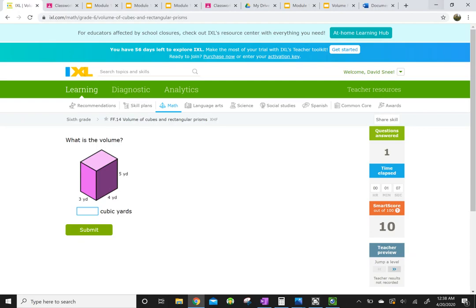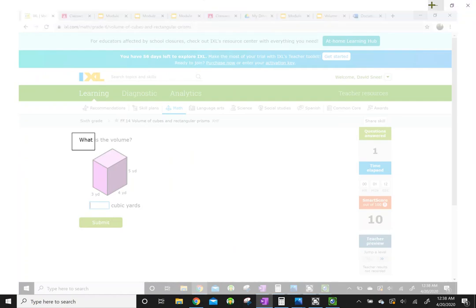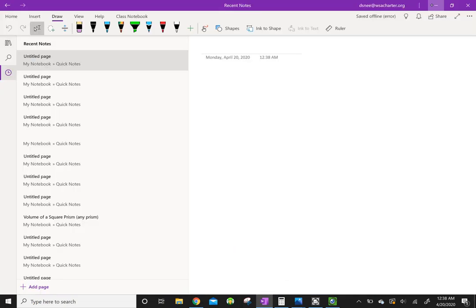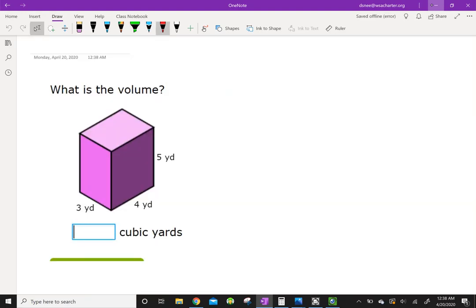Okay, now the next one, it's the same thing. You're just going to multiply the length times the width times the height, or you're going to find the area of the base. You're going to identify a base. It doesn't really matter. Pick a rectangle and call this the base. That thing is 3 yards by 4 yards.